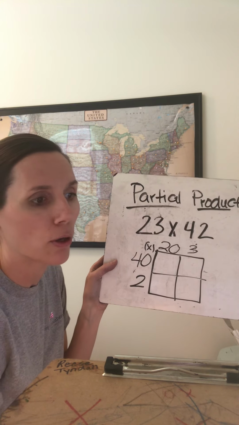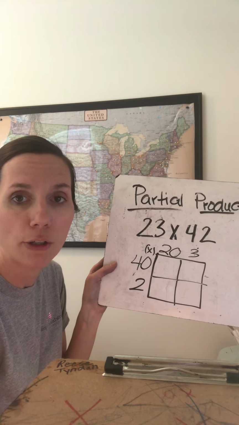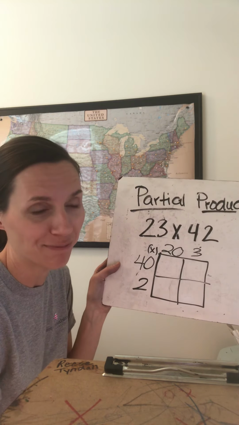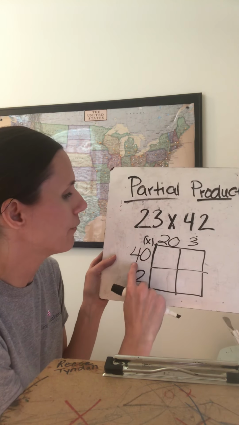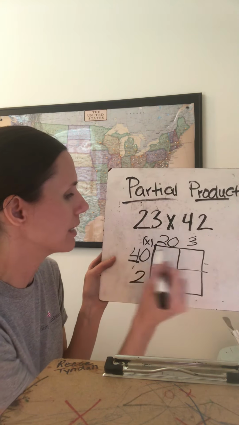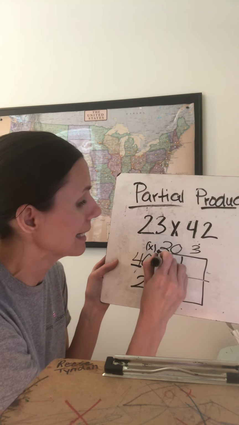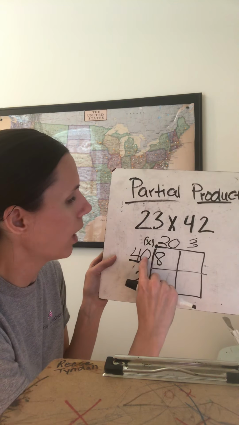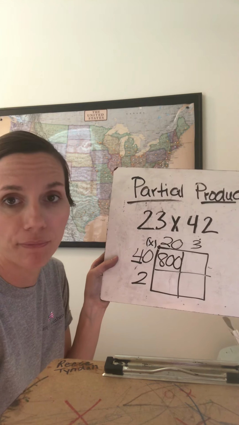The beauty about partial product grids and breaking the array strategy is it really focuses on your basic fact of multiplication, which we should know by now, and then your zero trick, all right? So if I look at 40 times 20, my basic fact is 4 times 2. Well, I know what 4 times 2 is, at least I hope I do. It's an 8, okay? And then I look at how many zeros I have. I've got 1, 2. So because of that, it really is an 800, all right?